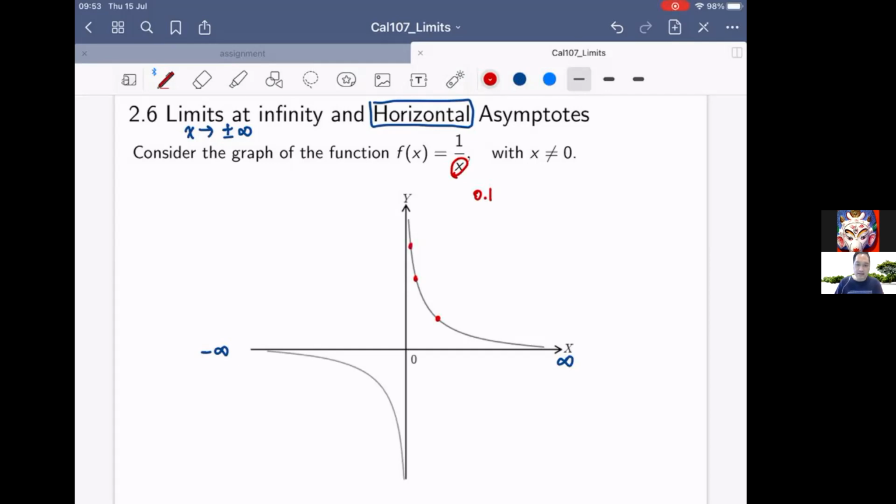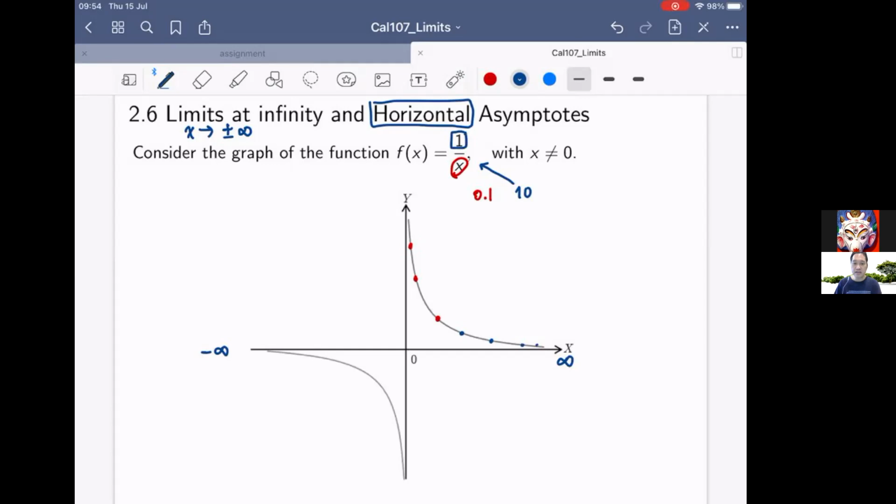But if x gets larger, for example if x is 10, then 1/x becomes 0.1, so it goes smaller. If x is 100, it goes smaller and smaller. However, this is a fraction and the top is always fixed to be 1.